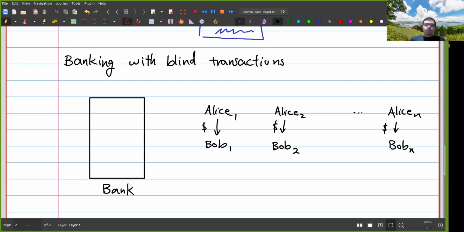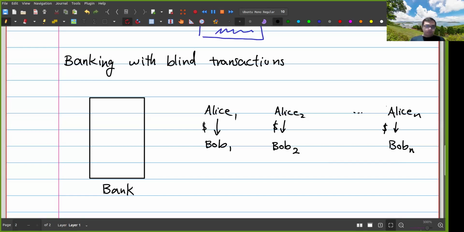So I want the bank to see that Bob 1, Bob 2 to Bob N have their balances increasing, so they're receiving some money. But I don't want the bank to know who's paying Bob 1. From the bank's point of view, it should not be distinguishable if it is Alice 1 who's paying Bob 1, or Alice 2, or Alice N.